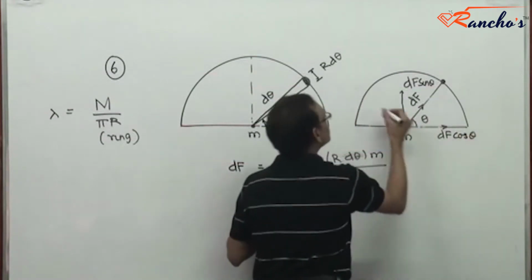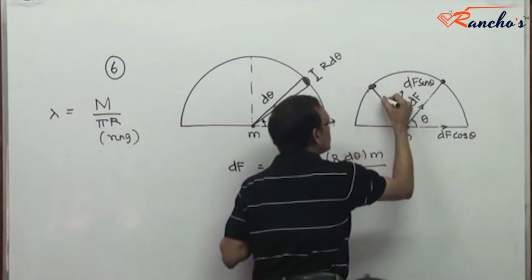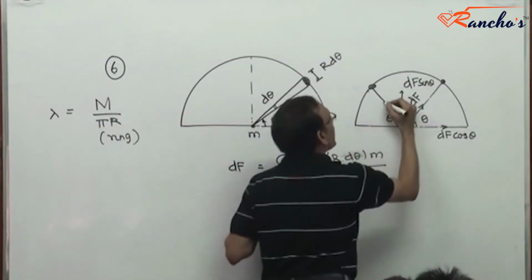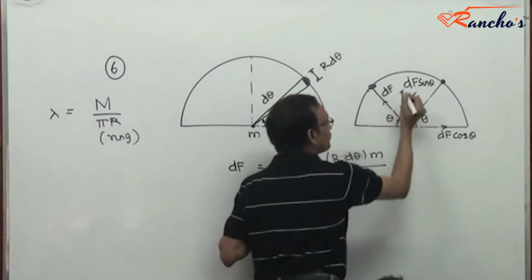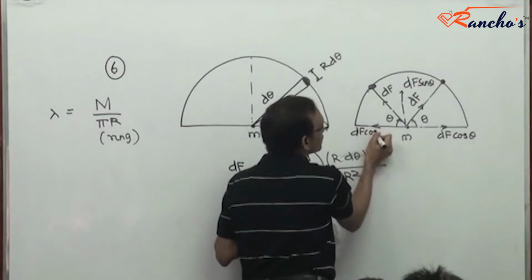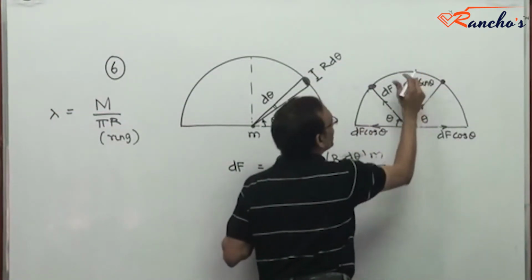If you exploit symmetry, there is a symmetric element located at this theta that will experience a similar dF, and the dF cos thetas will cancel off in pairs, and the dF sin thetas will add up.